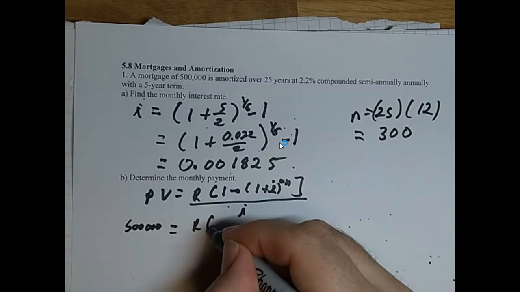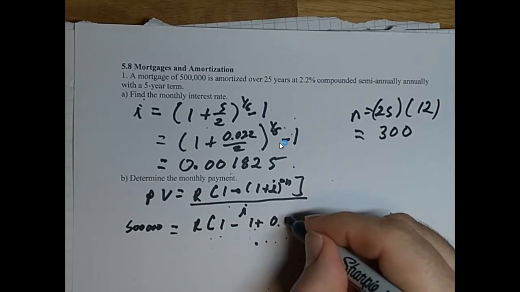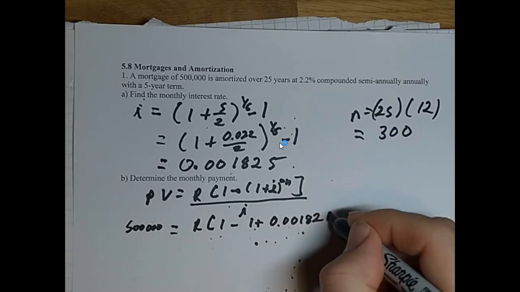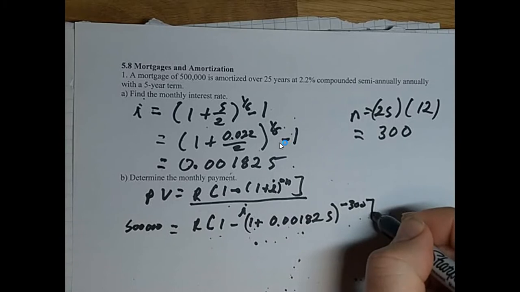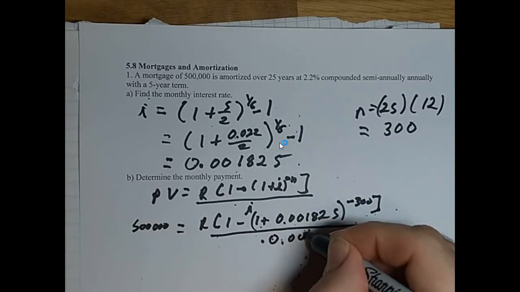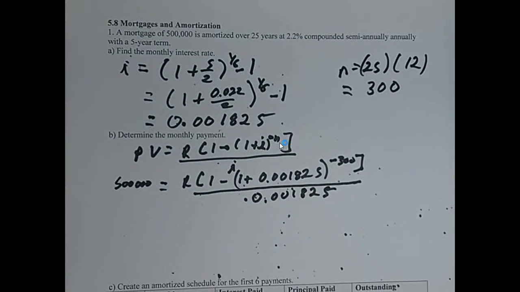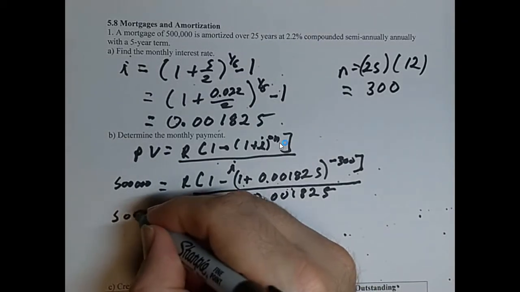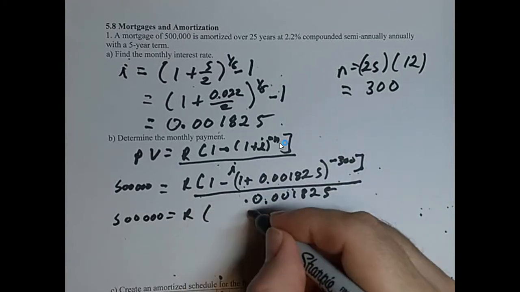R, and then 1 minus 1 plus that i we figured out, 0.001825, to the negative 300, all over 0.001825. I'm going to bring that down. Now we're going to use my calculator. It's going to be 500,000 equals R times something in a bracket.